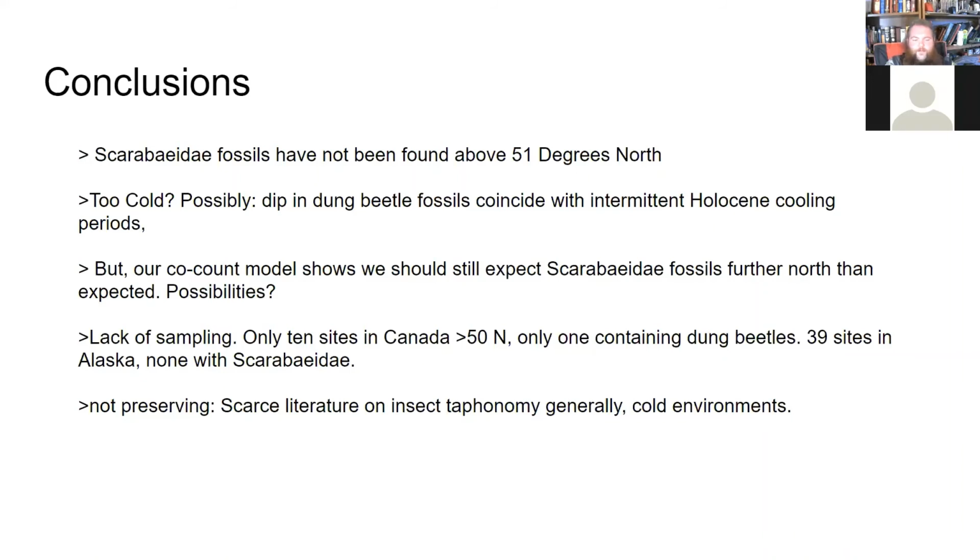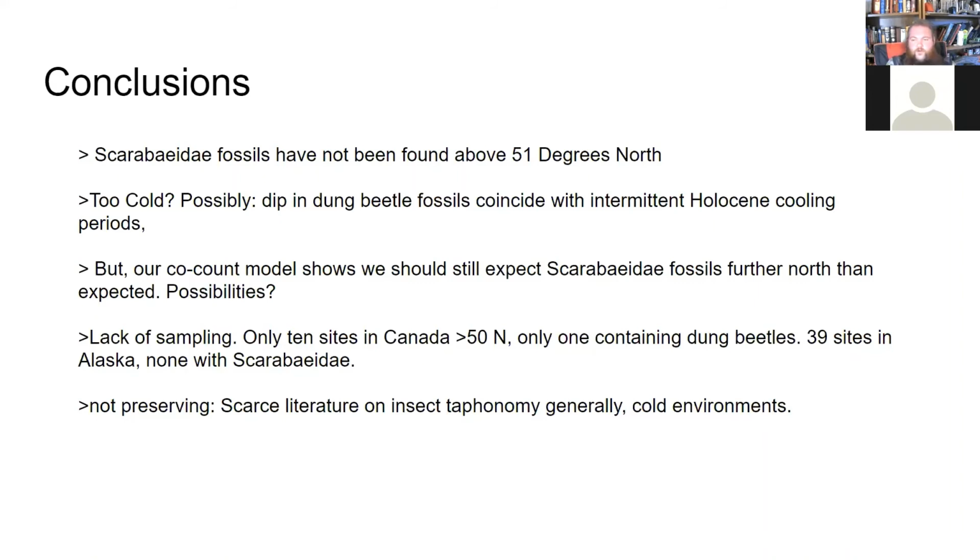And that's a possibility because we know that cooling periods negatively affect beetle populations. We've talked about that dip in the dung beetle fossils that is consistent with intermittent Holocene cooling periods. But our co-count models show that we should still expect some fossils to be further north than they actually are. So what are the possibilities?